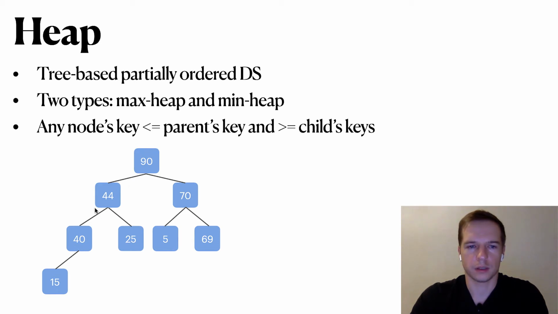This happens on every node, of course, and the thing here is we don't distinguish left and right child. So for example, in this case, the biggest element is to the left and the smaller to the right, 25 and 40 to the left. And near it, it's an inverse situation where 5 is to the left and 69 to the right.